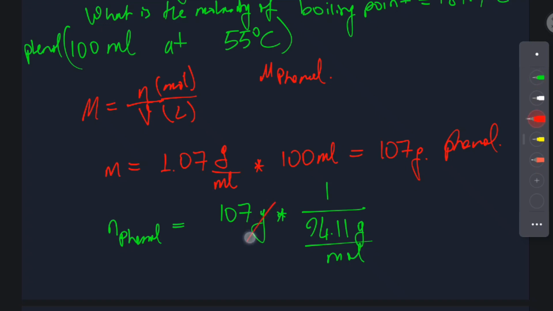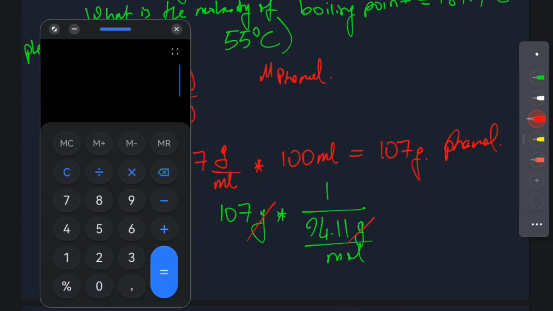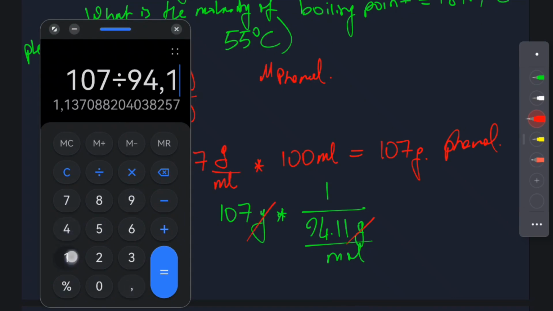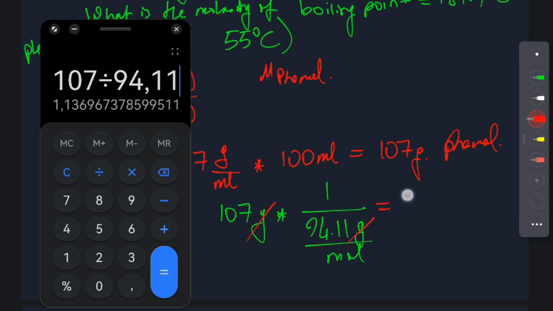And if we do this calculation, what will we obtain? 107 over 94.11. So we have 1.13 mole of the sample.